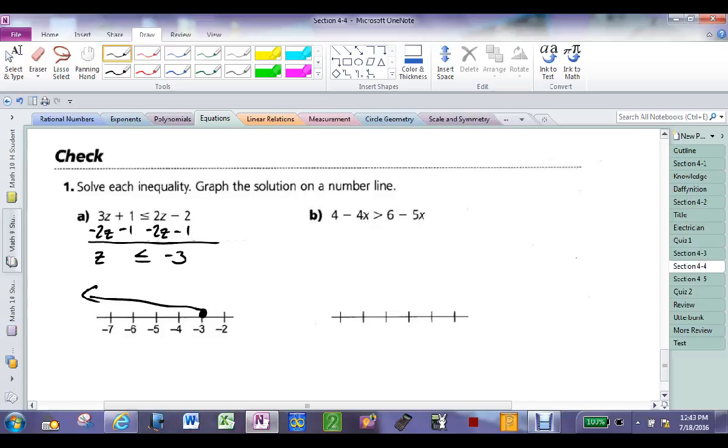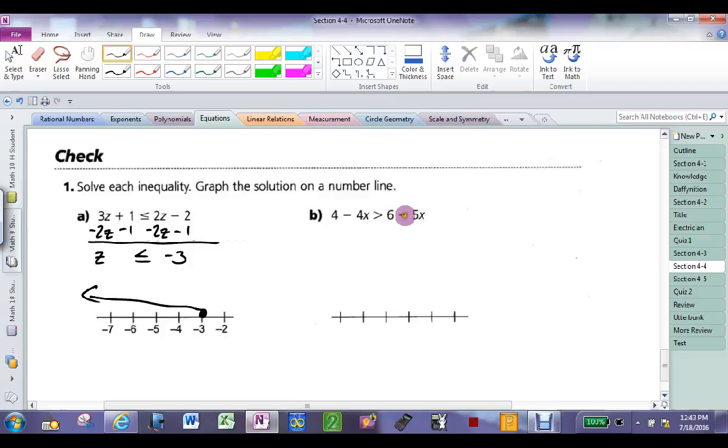What's smaller, negative 4 or negative 5? Negative 5. Why? Because it's more to the left on the number line.